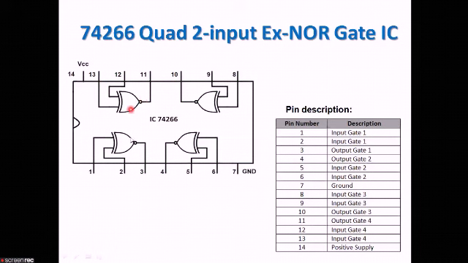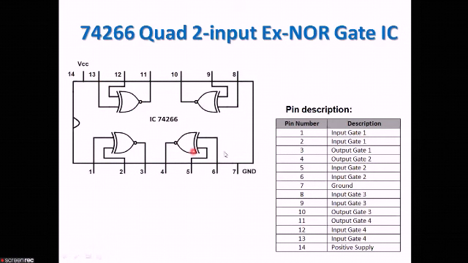So basically this one is a quad IC which consists of 4 two-input XNOR gates. So this is the first gate, second gate, third gate and fourth gate.